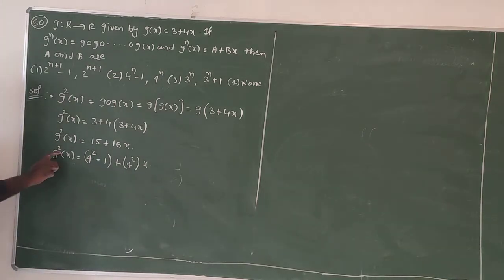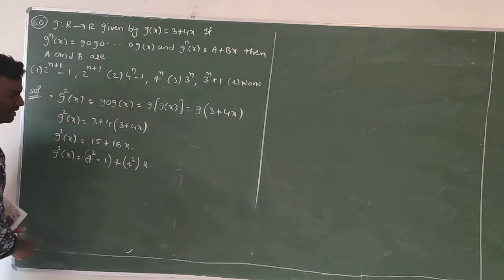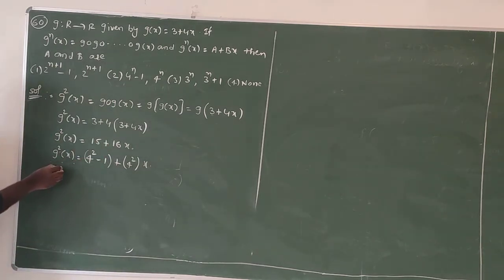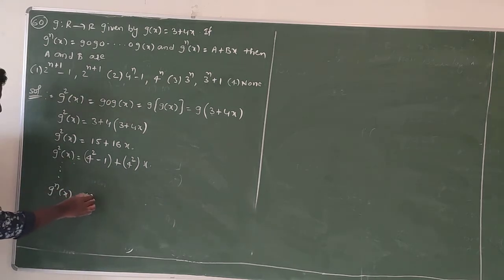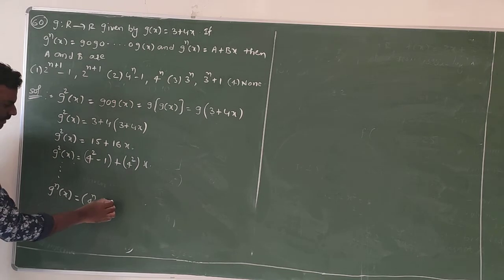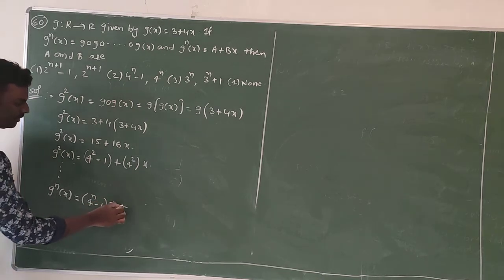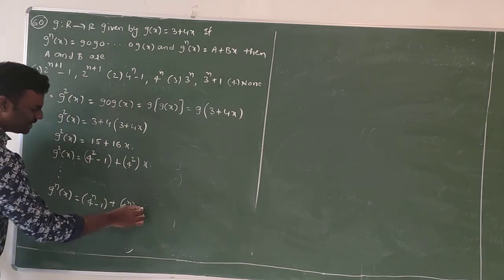See here, 2 times I applied the composition, here 2 will come. If you apply 3 times, 3 will come. Similarly, I am applying the composition n times. Then what will we get? 4 power n minus 1 plus 4 power n into x.